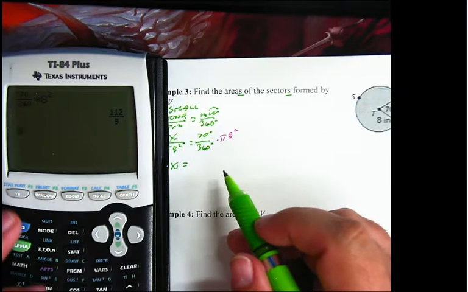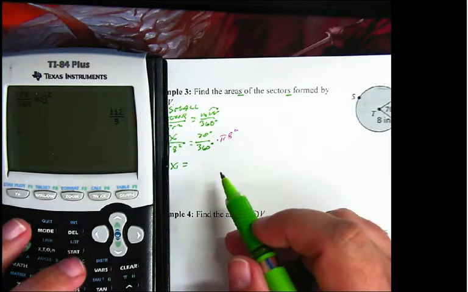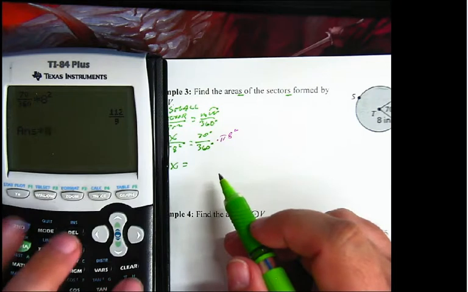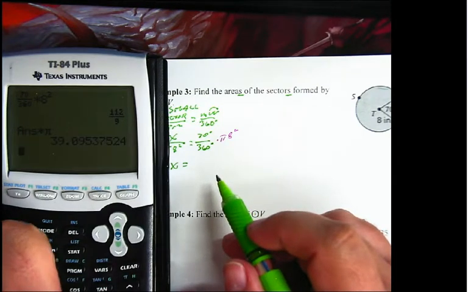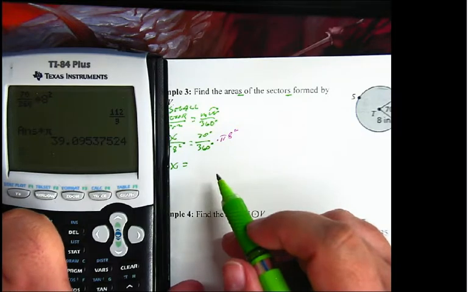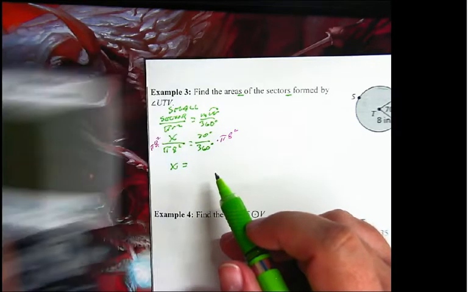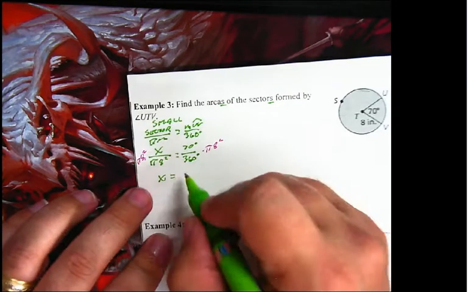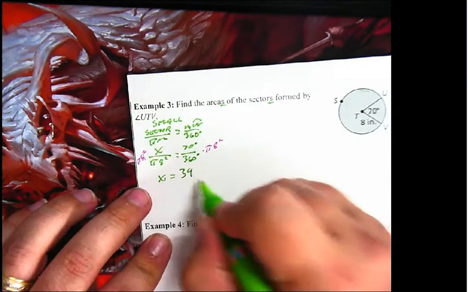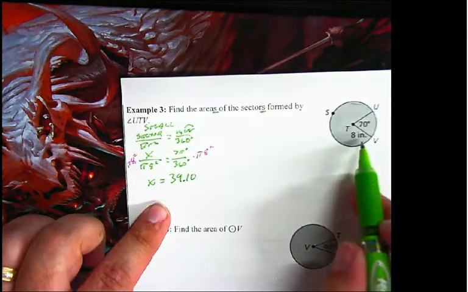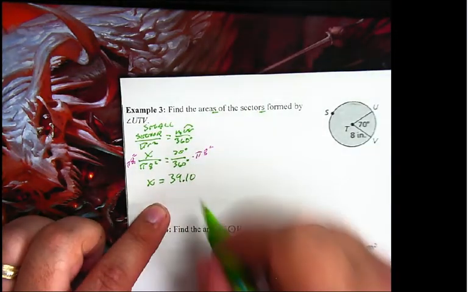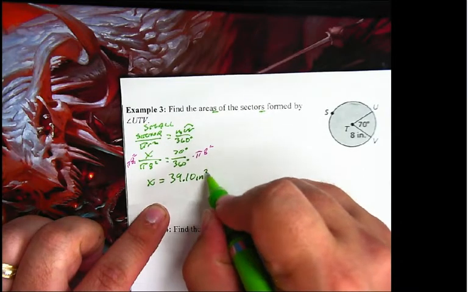So that's not going to be very pretty, so we're just going to go ahead and multiply the whole thing times pi. There we go. 39.095. So that's going to be 39.10 approximately. So 39.10, and our units are inches. We want area, so this is going to be inches squared.